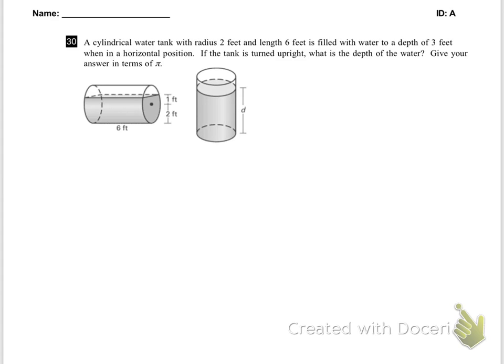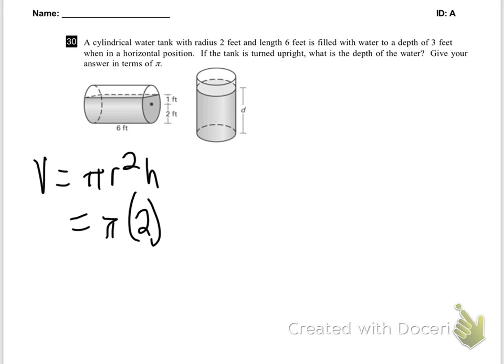So, if this cylinder was full, then we would be dealing with the volume of a cylinder, pi r squared h. So that would be pi times 2 squared times 6, which is 24 pi.